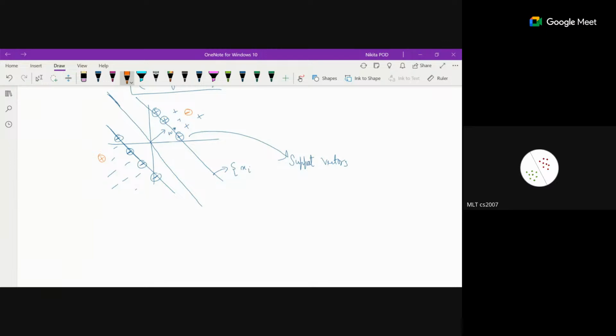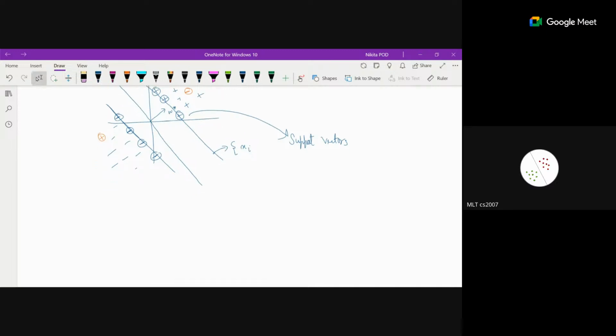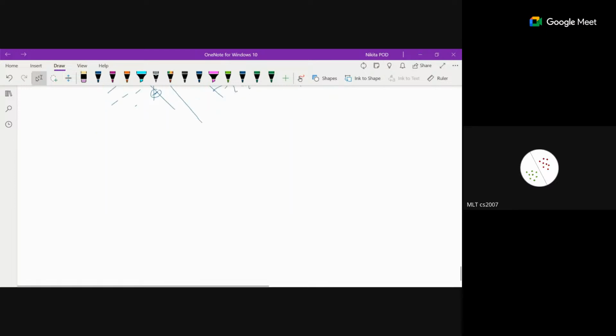But because of these outliers, we are not able to find which W star will separate this data. So to tackle this problem, we are going to introduce something which we call soft margin SVM, for the cases where your data has outliers. Now I'll generalize this, and this is the soft margin SVM.